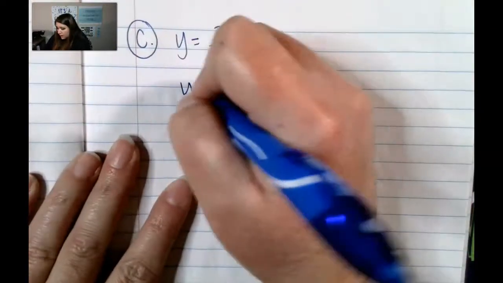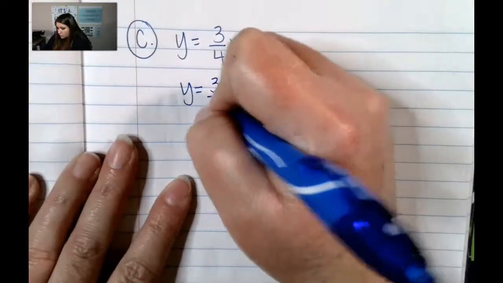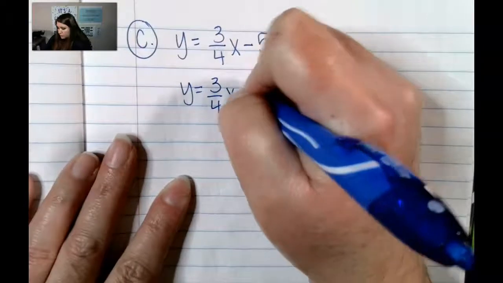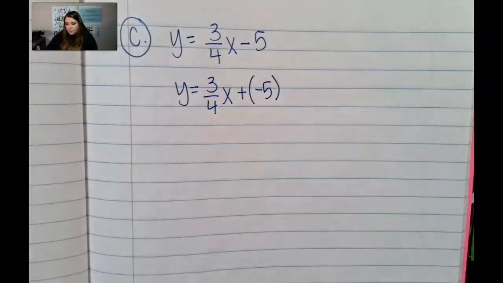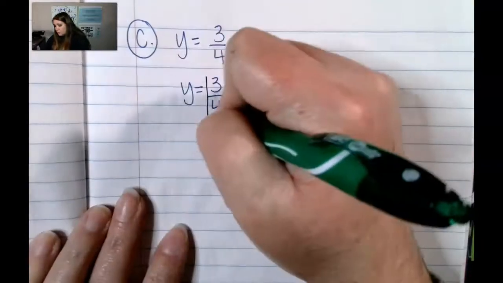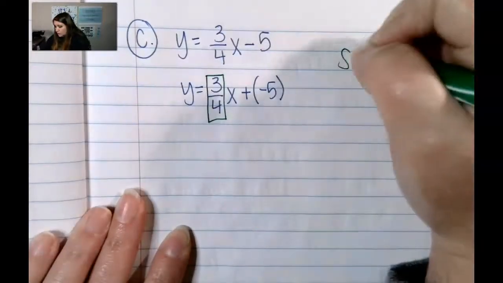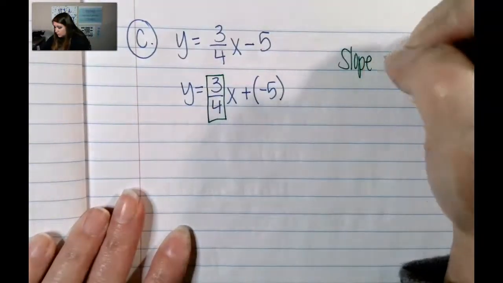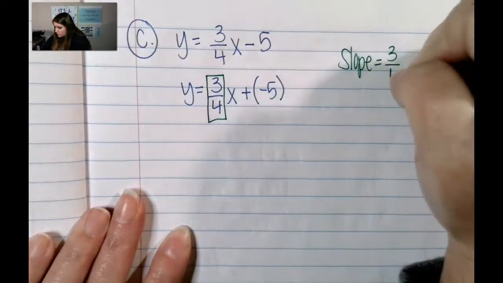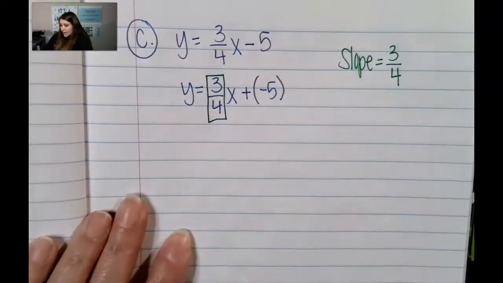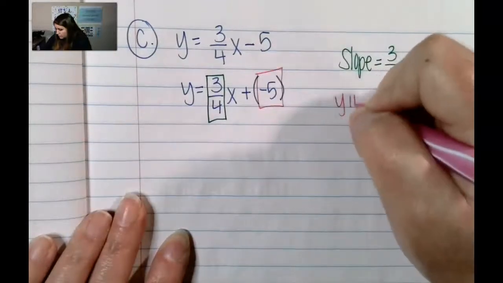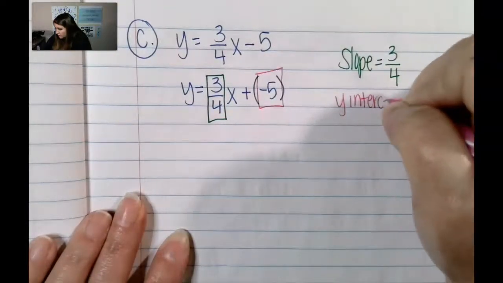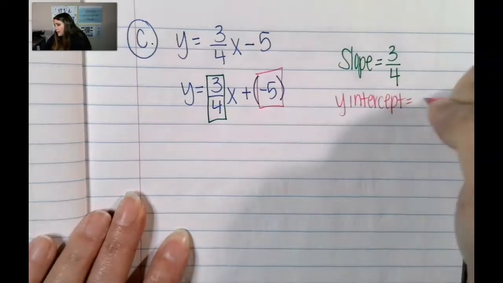So we'll just rewrite it. y equals 3/4 x plus -5. And now you can identify the slope, which is 3/4. And your y-intercept, which is right here, equals -5.